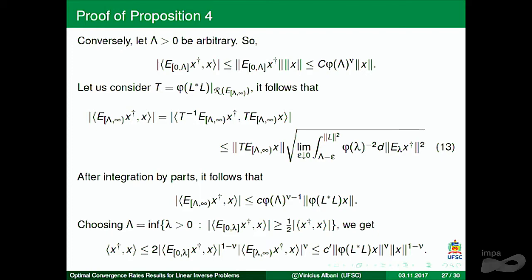This condition that this scalar product is greater than 1/2 this scalar product. And we can also prove that this scalar product is greater than this too, because this is right continuous and this is left continuous. And then using these two inequalities, we have this estimate, and using these two estimates, we have this.